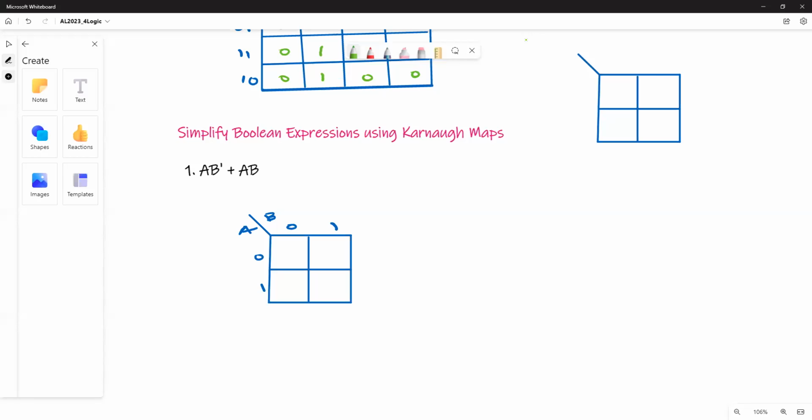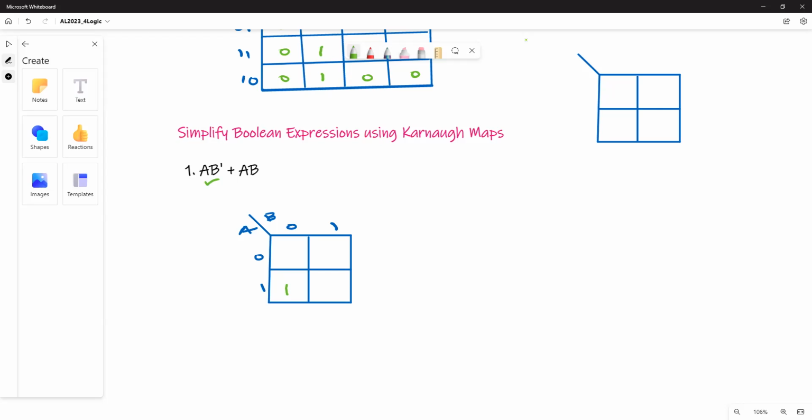A means this side, that is 1, right? So this represents A bar, this represents A. This represents B bar, this represents B. So when you say A B bar, A B bar means 0. So first one is this, right? Okay, we have done with the first expression.